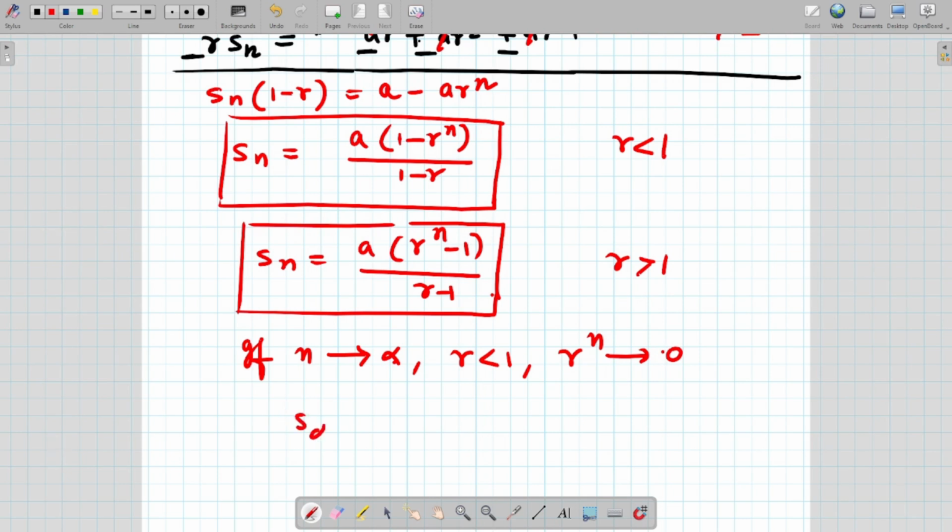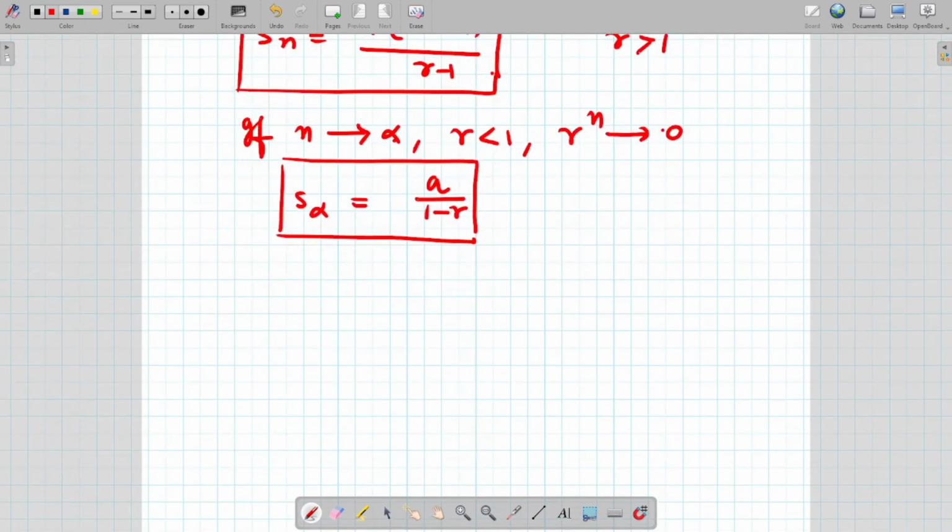So S infinity would be a upon 1 minus r. This is your third formula. Based on these three formulas, you can get to your problem solving. Let us try a few problems for your understanding.